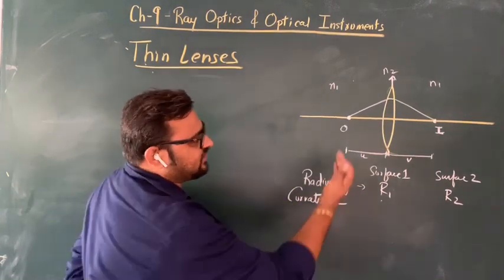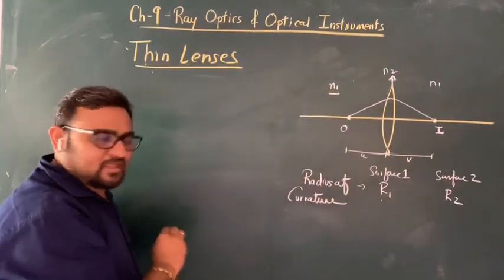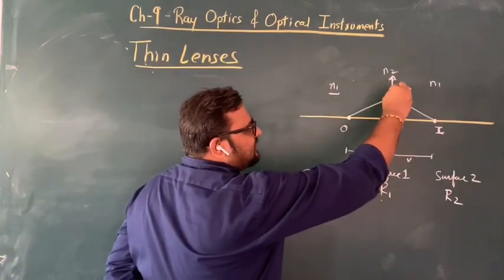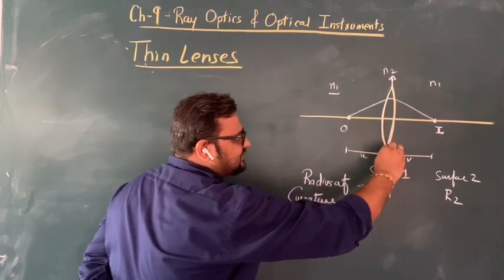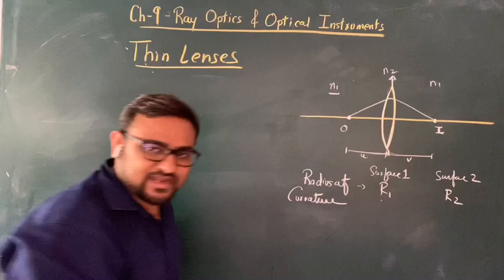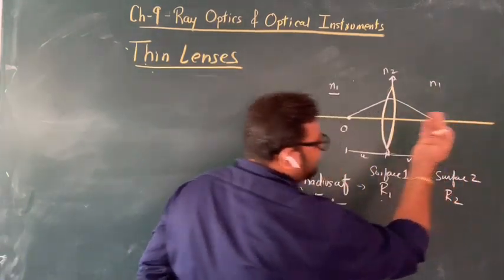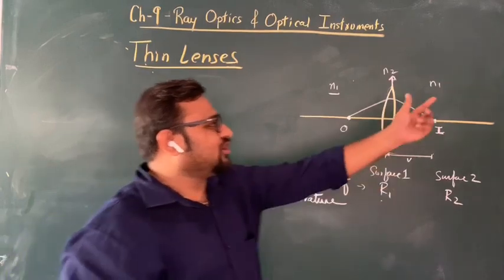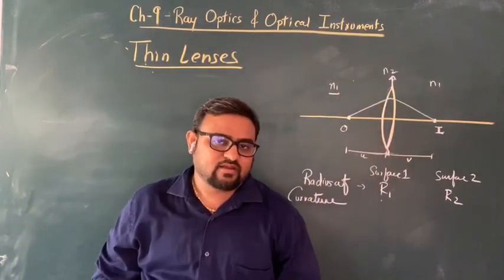The refractive index on the left of the lens is N1. The refractive index of the material of this lens is N2, and the refractive index on the right of the lens is also N1, because both these media are the same.